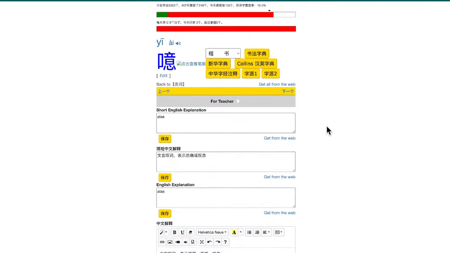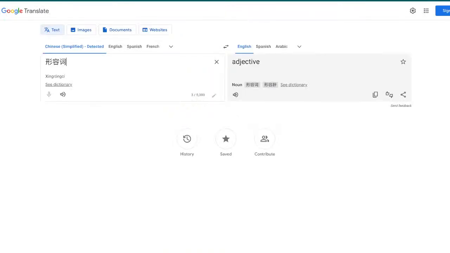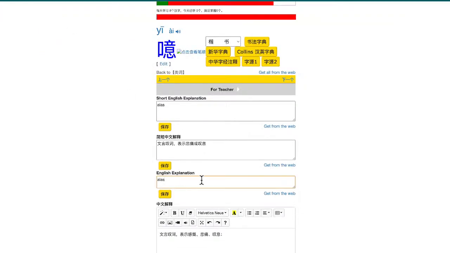Next one, 噫, that means alas. 感叹词, an interjection. Basically it's an interjection, alas.